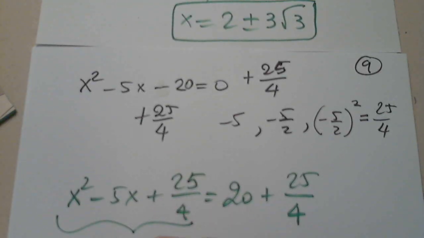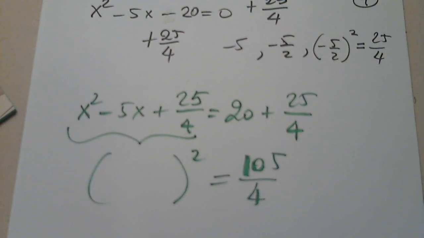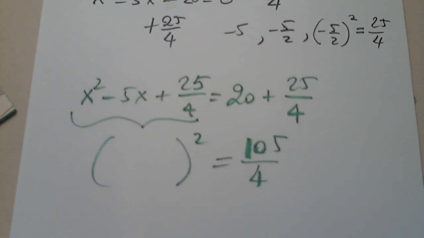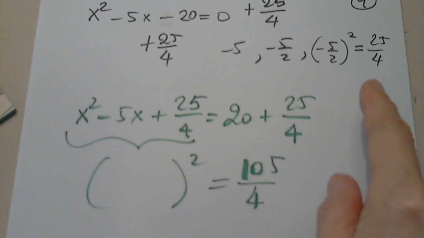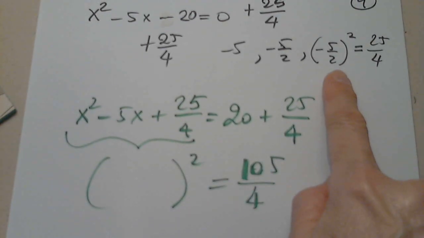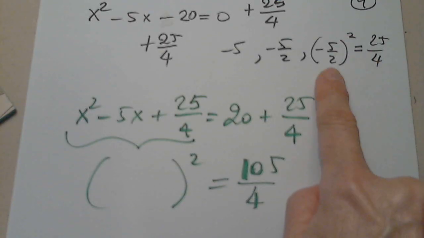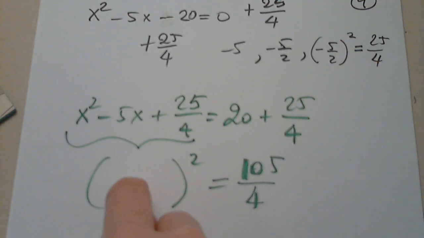But this has to be condensed into a perfect square. If it's not, then I cannot continue. And always remember, it's what you squared to get this. You square this to get this. So this must be it.